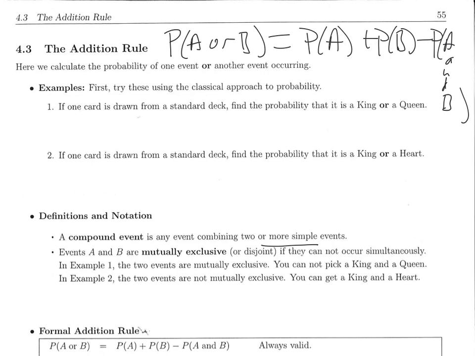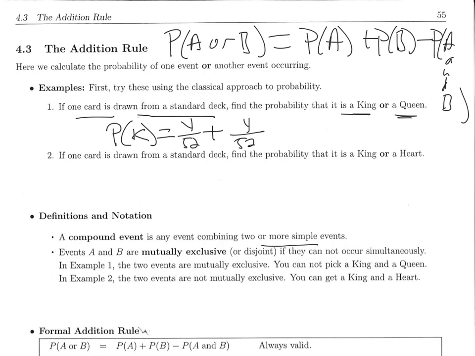Okay. So what's the probability that a card drawn from a standard deck, theoretical probability, is a king or a queen? Well, what's the probability of it being a king? 4 kings in a deck of 52. What's the probability of being a queen? 4 out of 52.